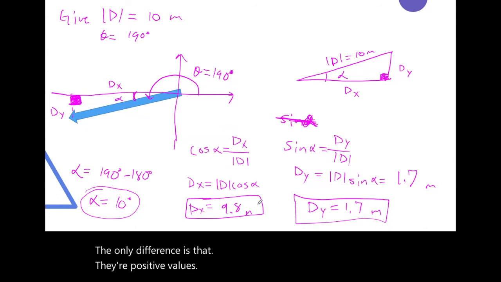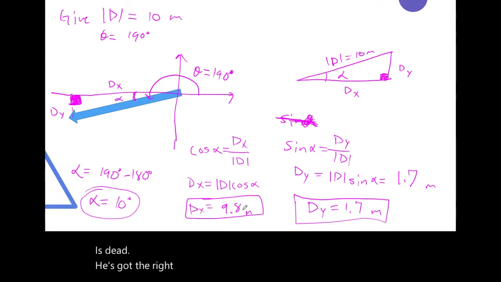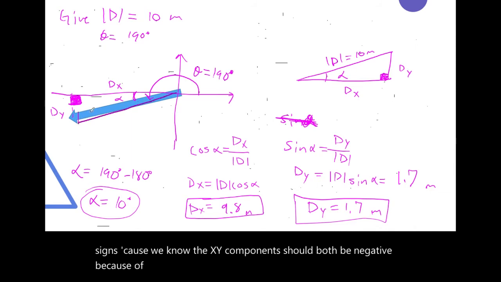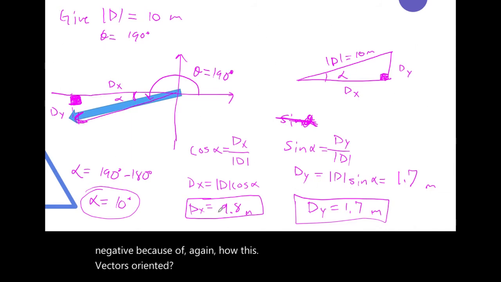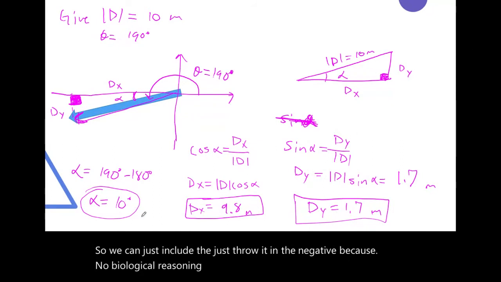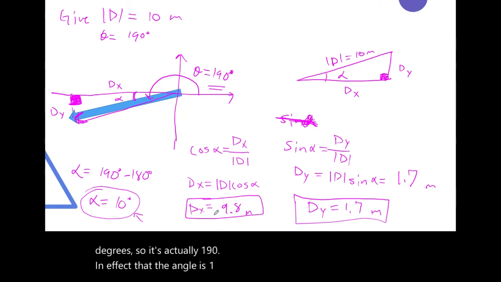So basically what I'm trying to show you here is that we got the right answer, but now we have to add in the signs, because we know the x and y components should both be negative because of how this vector is oriented. So we can just throw in the negative because, by logical reasoning, we know the actual angle was not 10 degrees. It was actually 190. And the fact that the angle was 190 is what tells us that these numbers should be negative.